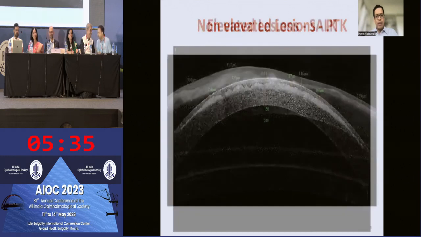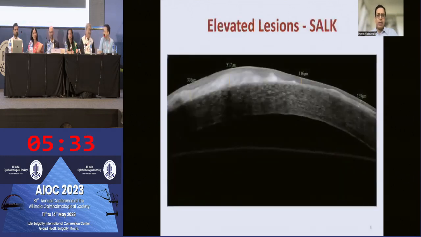The second kind is elevated lesions of the cornea, and the typical prototype is Salzmann nodular degeneration. You have a lot of lesions on the surface of the cornea, including scars on the anterior surface, that will fall into this bucket, where SALK is a great option.